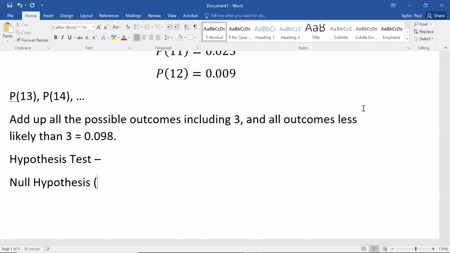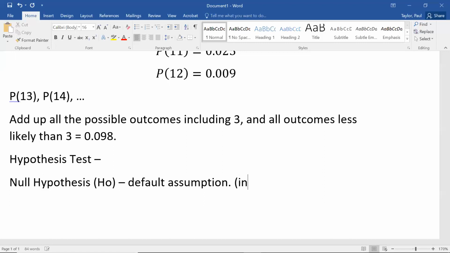Our symbol for that is going to be H with a subscript 0. So H with a subscript 0 is what we're supposed to have there. Okay, so this is sort of the conventional wisdom. So this is the default assumption. In our case, it's that the drop rate is 1/3.